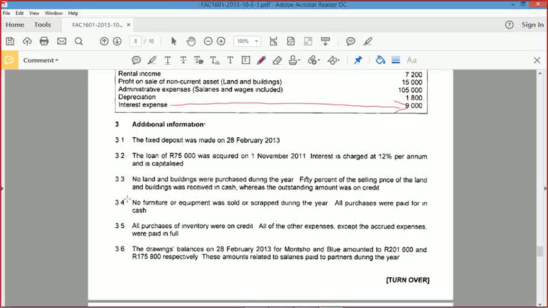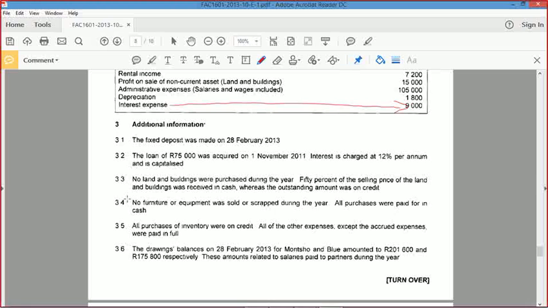PPE goes where? Investing. What did they ask for in this question? It's asking for operating and financing. So we don't need it.